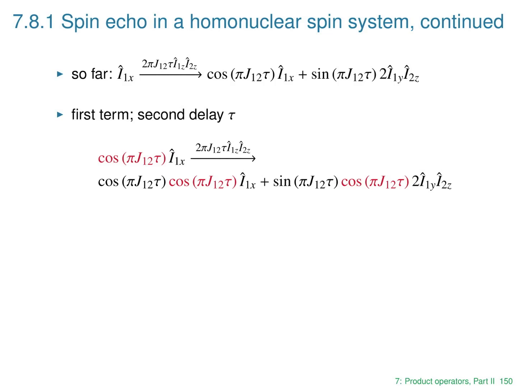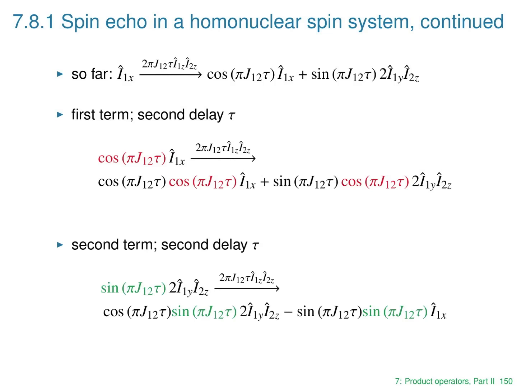So that's the I1x term, and now we need to do the same with the 2I1y, I2z term, and again the original sin pi j12 tau term, which I've written in green, that just carries forward as a harmless factor, and 2I1y, I2z, if you look at the diagram, evolves to minus I1x.